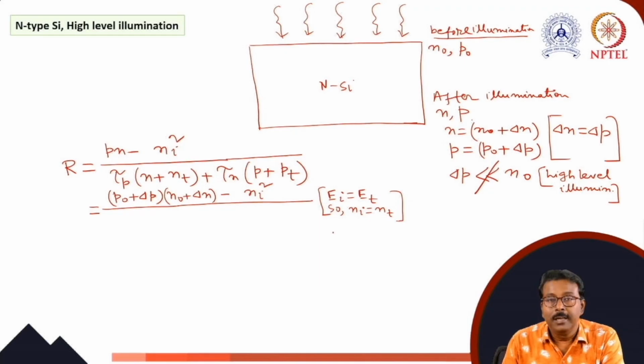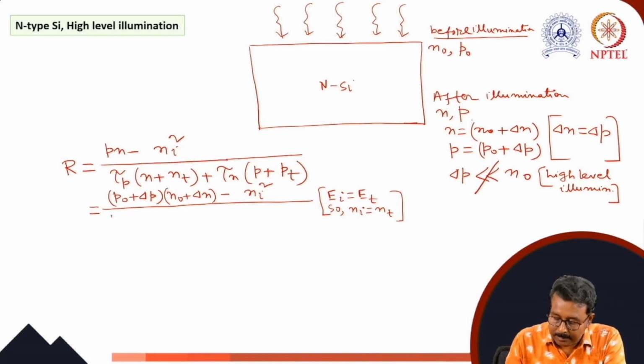So Nt will be Ni. So tau P into (N0 plus delta N plus Ni) plus tau N into (P0 plus delta P plus Ni).